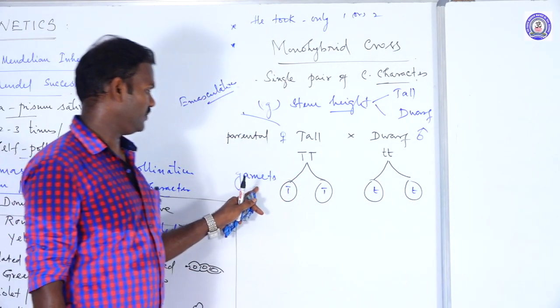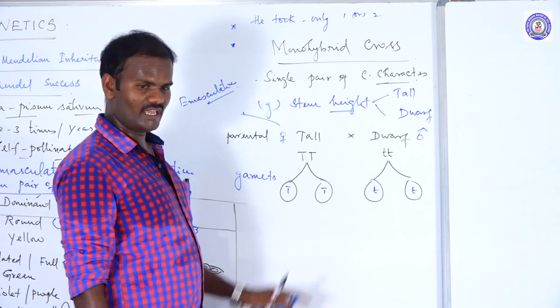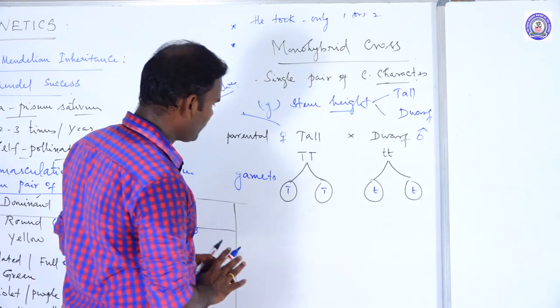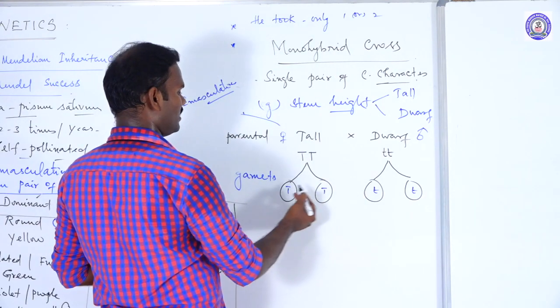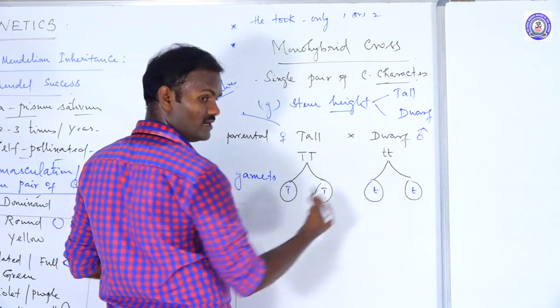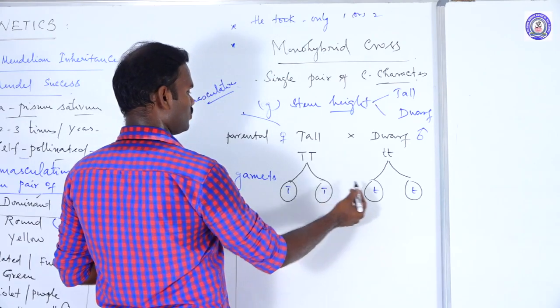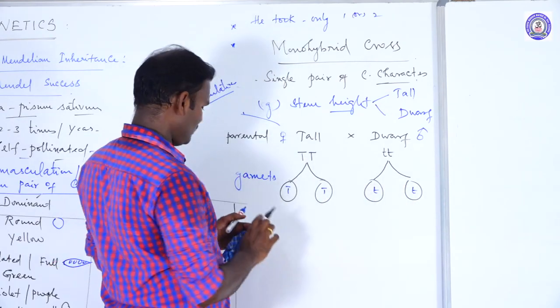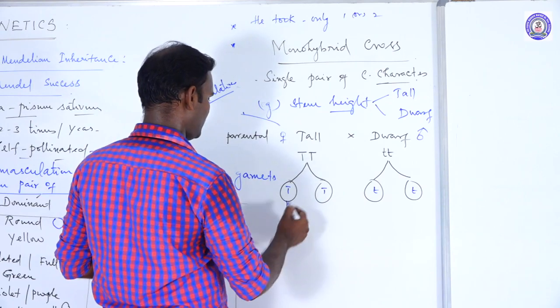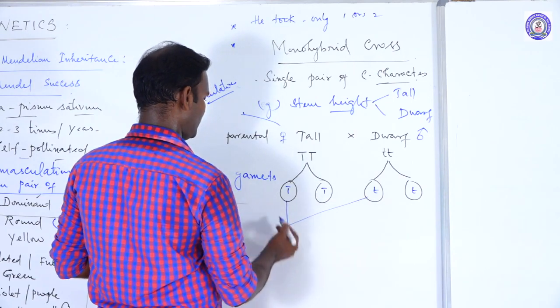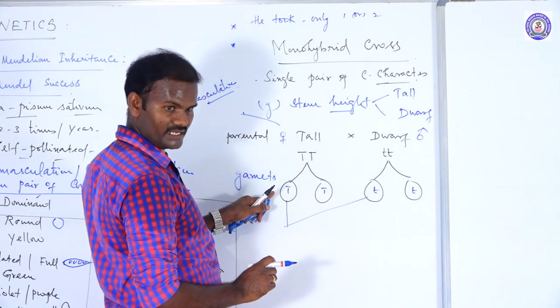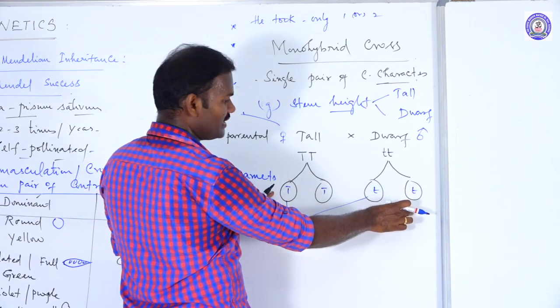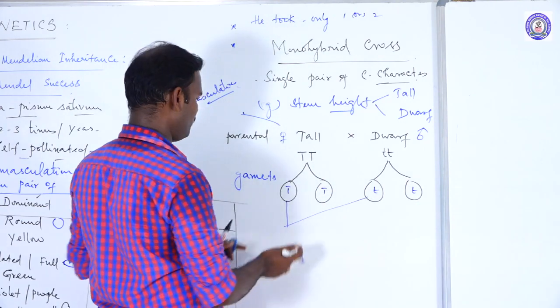So these are the gametes; four gametes are formed. If they cross, what are the possibilities? Capital T crosses with small t, and the other capital T also crosses with small t. The female gamete is called the ovum or egg, and the male gamete is the sperm: two sperm and two eggs.